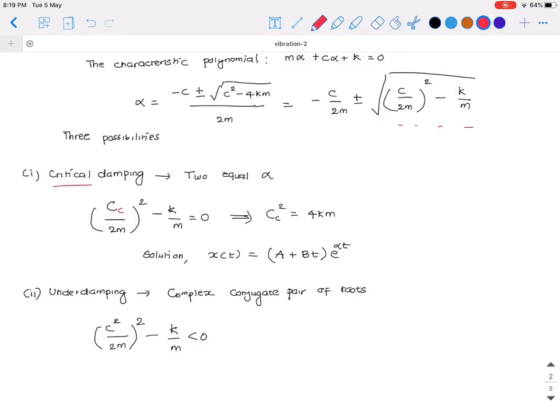Okay, so what is the exact solution in this case?